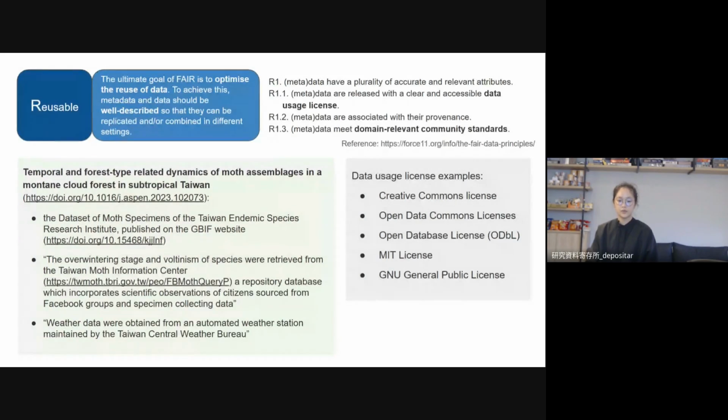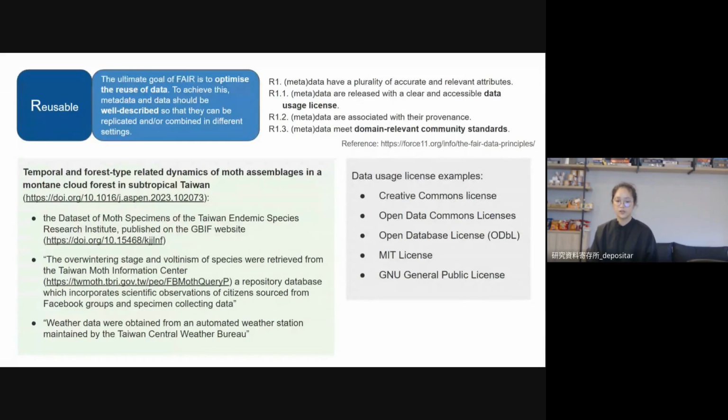The last principle is also the ultimate goal of FAIR: reusable. This is to optimize the reuse of data. To achieve this, metadata and data should be well described so that they can be replicated or combined in different settings. On this slide, the research on temporal and forest type related dynamics of moth assemblages is an example of reuse of data from different sources.